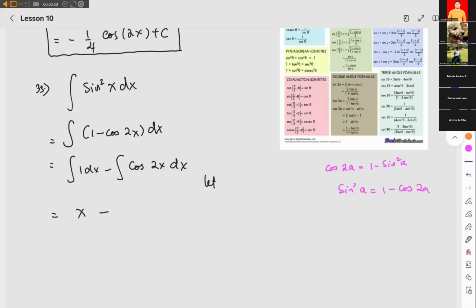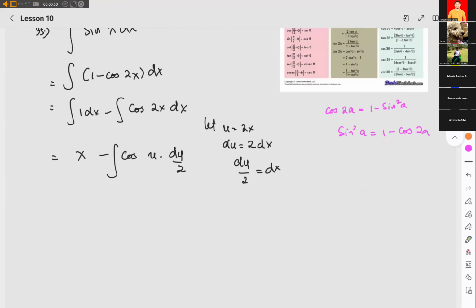If you let u be equal to 2x, your du becomes 2 dx. So you can just substitute cos of u. So du over 2 is equal to dx.